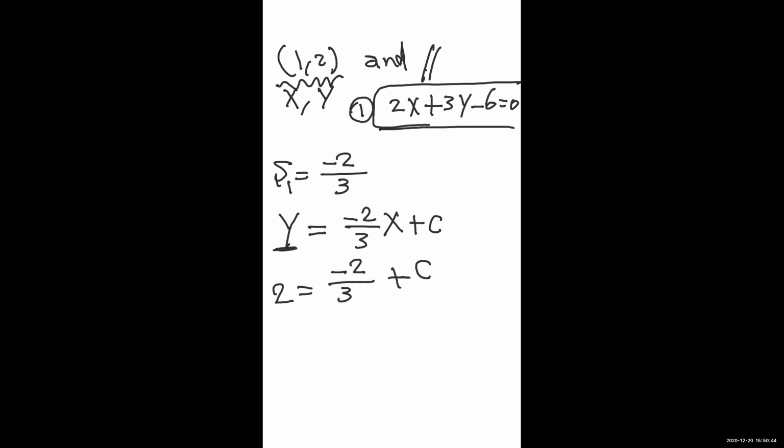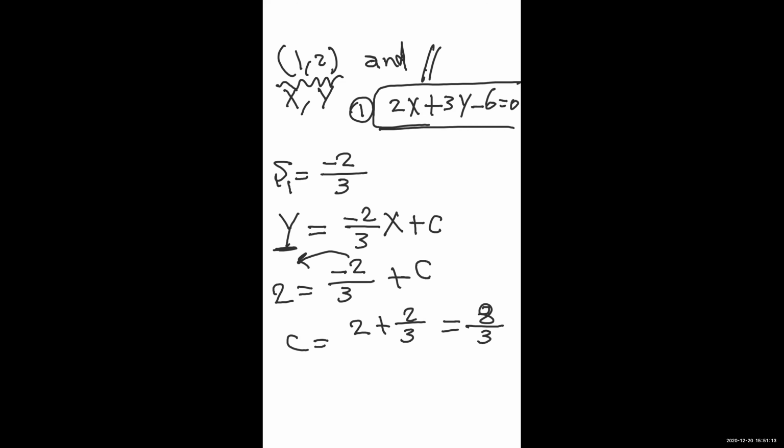So c will equal 2, then shift this one to the other side with positive, plus 2 over 3. So 2 plus 2 over 3 will equal 6 over 3 plus 2 over 3, which equals 8 over 3 as a fraction.